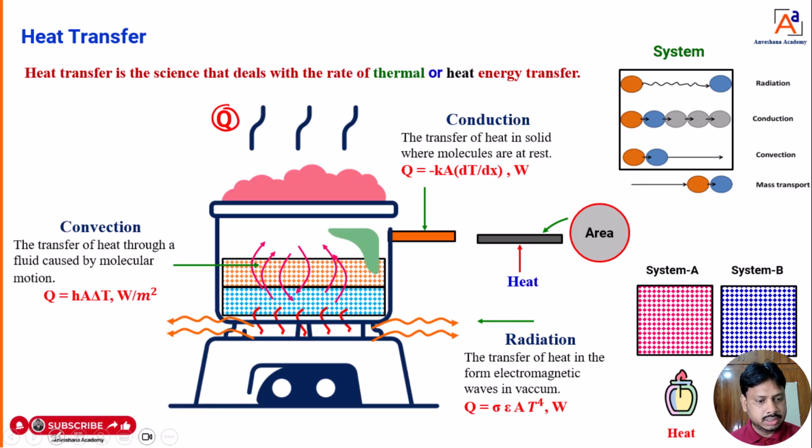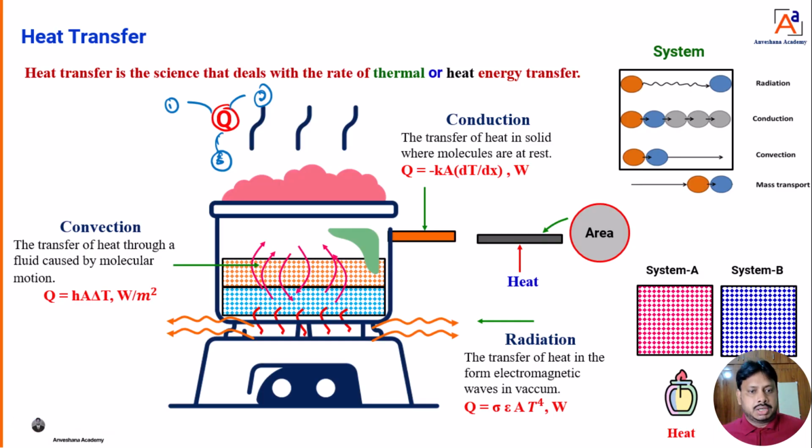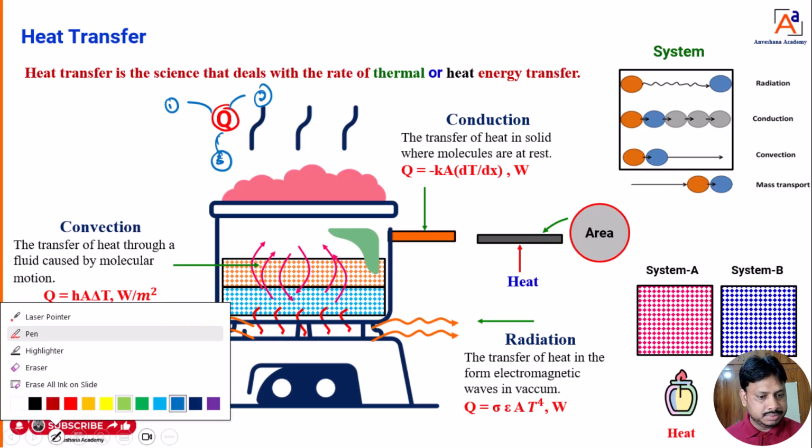Through these 3 modes the heat is going to transfer. One is conduction, second is radiation, third is convection, dear students. In these 3 ways the heat is going to transfer from system to the surrounding or surrounding to the system. So what is conduction, what is radiation and what is convection, that we will see by taking a live example, dear students.